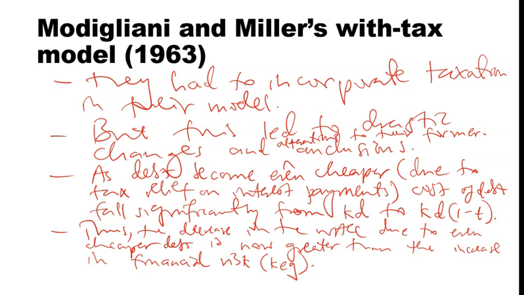The term even simply means that prior, debt was just cheaper, but now with the introduction of taxation, debt was made even cheaper. Please, this is the theory that talks of tax deductibility of debt.